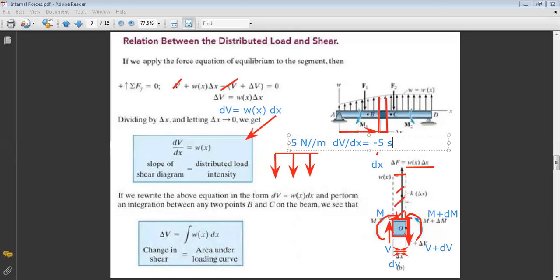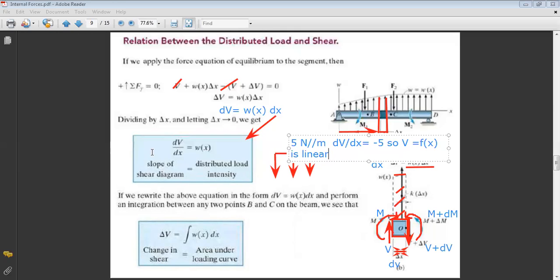So what can I conclude? V is varying in a linear way with respect to x, okay? So V as a function of x is linear, and it will be either a decreasing or an increasing function. dV by dx represents the slope, okay?